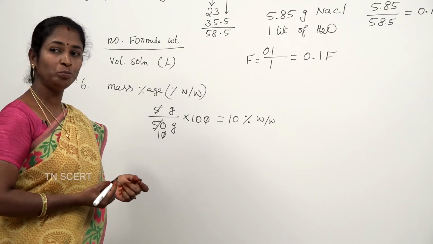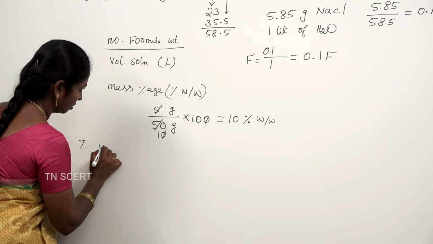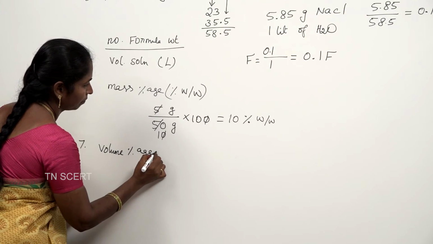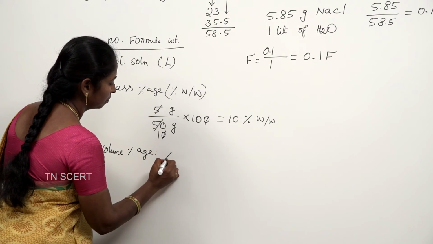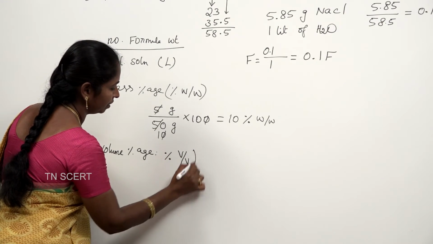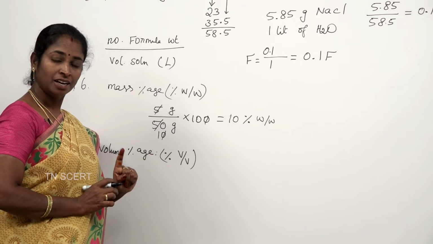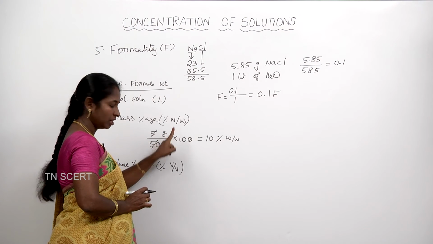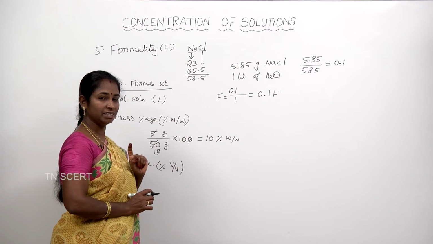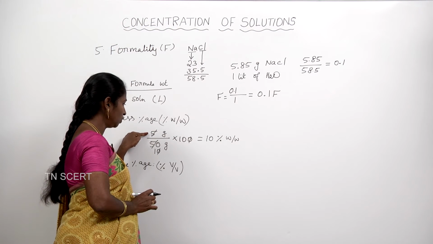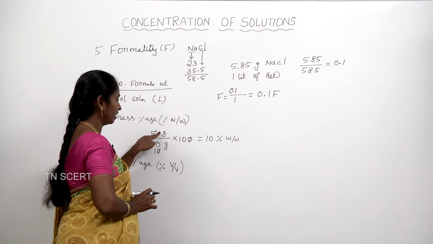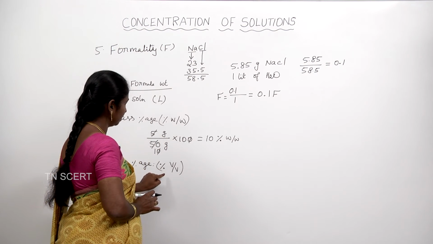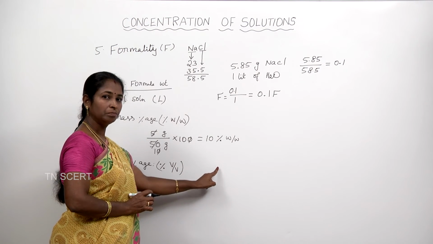Next one is volume percentage. This is given by percentage V by V. Now you can say yourself, here we are using W by W in mass percentage, V by V in volume percentage. That means what? The mass of the solute as well as mass of the solution are given in weight, that is gram, in mass percentage. Whereas in volume percentage, volumes are given in milliliters.